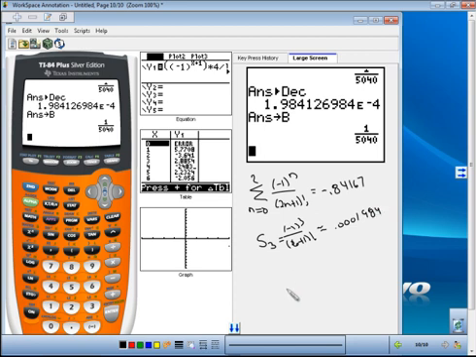So according to my summation, my sum is going to be somewhere between, when you add the third term and you're going to subtract the third term.